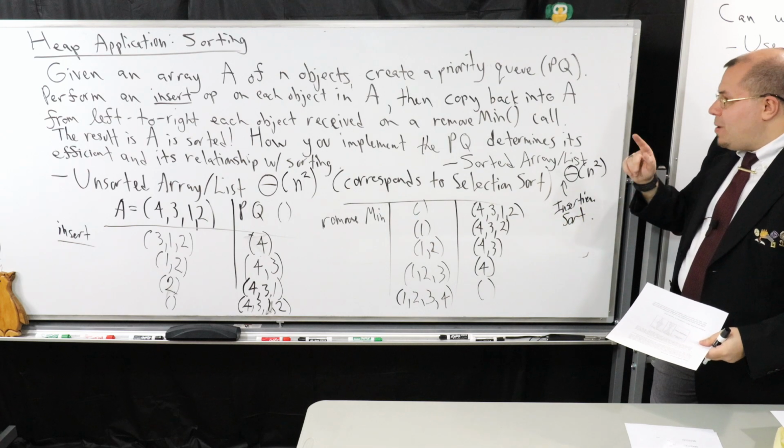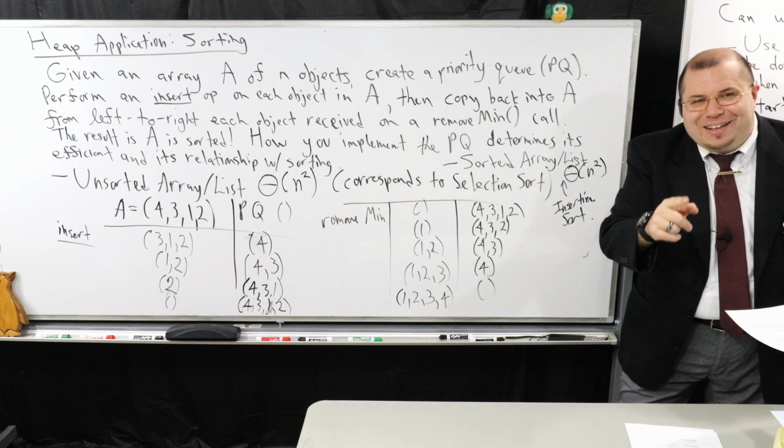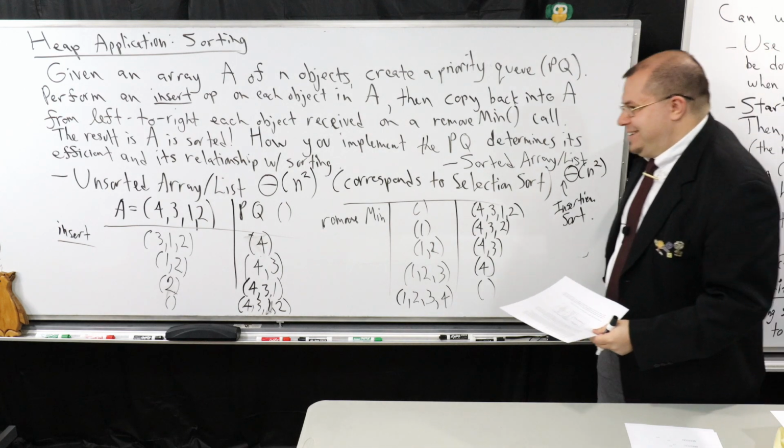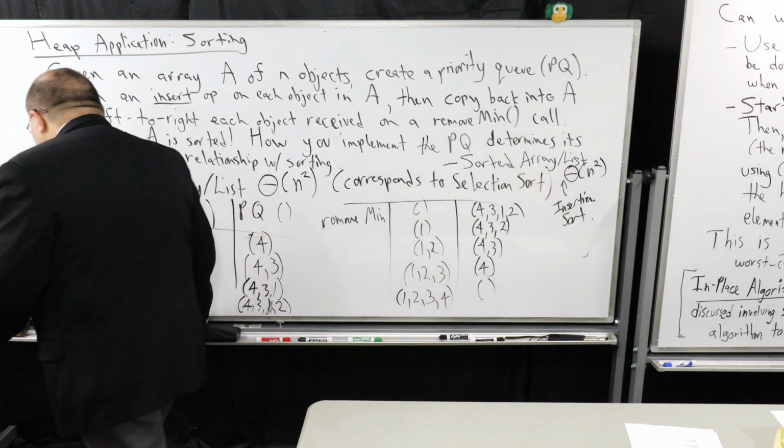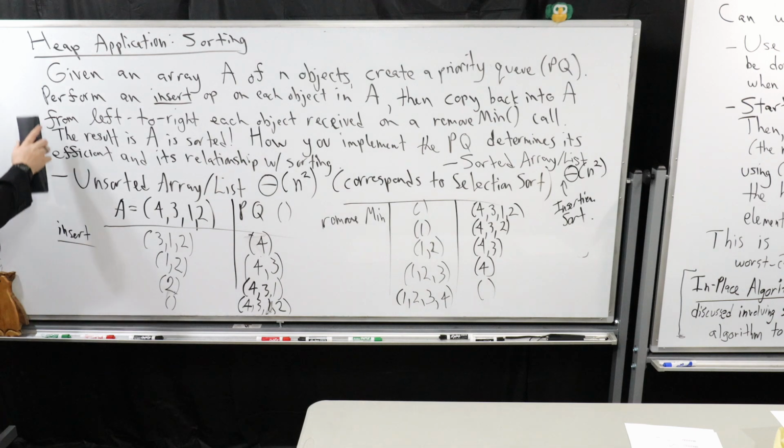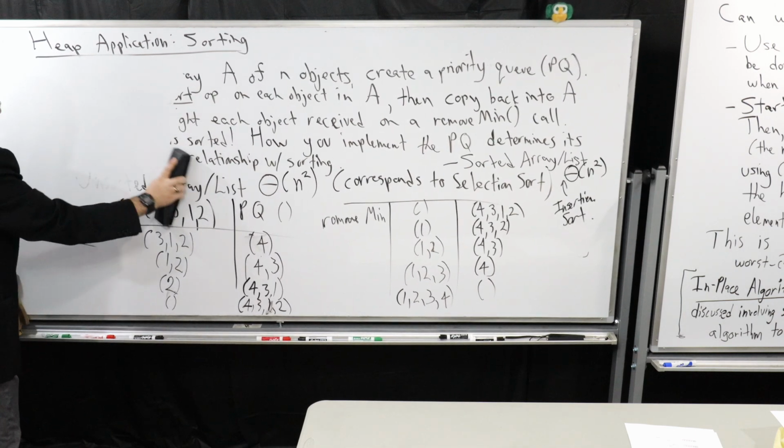So now the question is, what happens when I give you a heap? That is the real question. So now, let's think about this when I give you a heap.